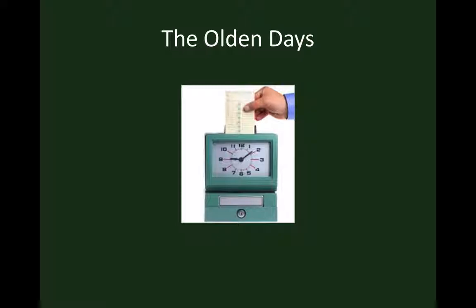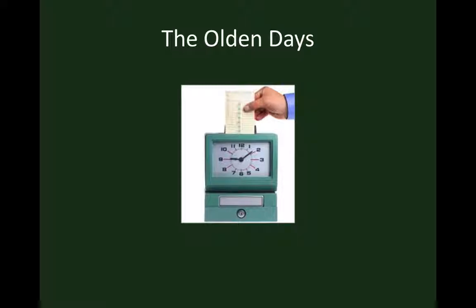Back before we had computers, before we had the fancy kind of thing, I think a lot of employers now use a card, like a credit card, and you would scan it, and that would tell the computer when you actually arrive at work. But there was a time when those things didn't exist, and what we would do, hourly employees, we would punch a clock.